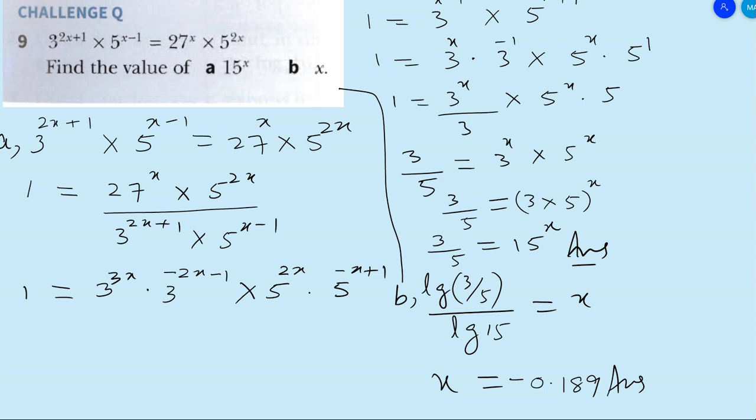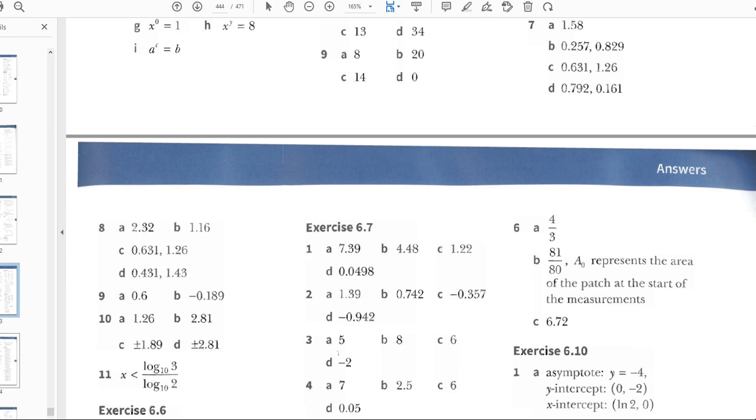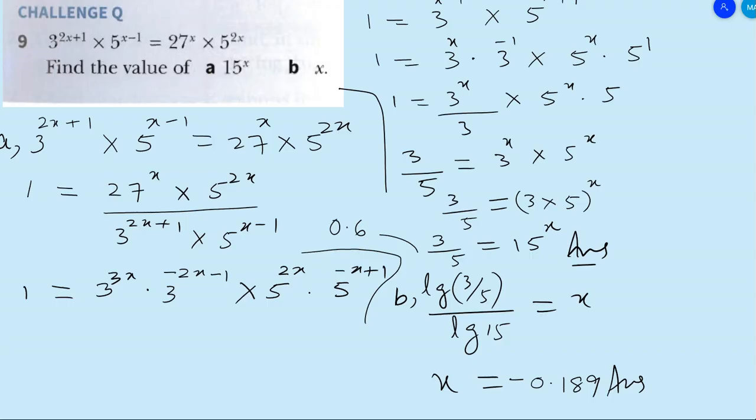You can see this 3.5. If you divide this 3.5, you will get 0.6. So the first answer is 0.6 and the second answer is minus 0.189, and our answer is minus 0.189. So 100% correct answer. So we have accepted the challenge and we get success.